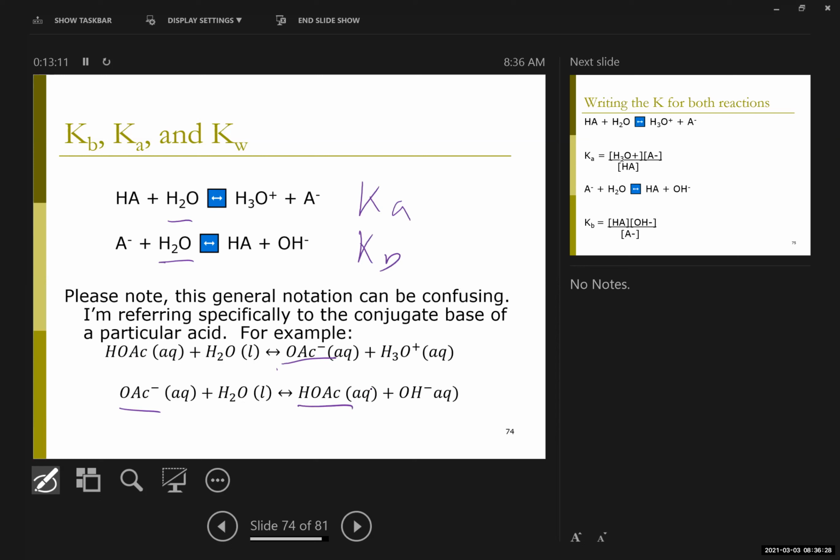If I actually combine those two reactions, look, there's acetic acid on the left, there's acetic acid on the right, that cancels. There's acetate on the left, there's acetate on the right, that cancels. If I add those two reactions, I get Kw.